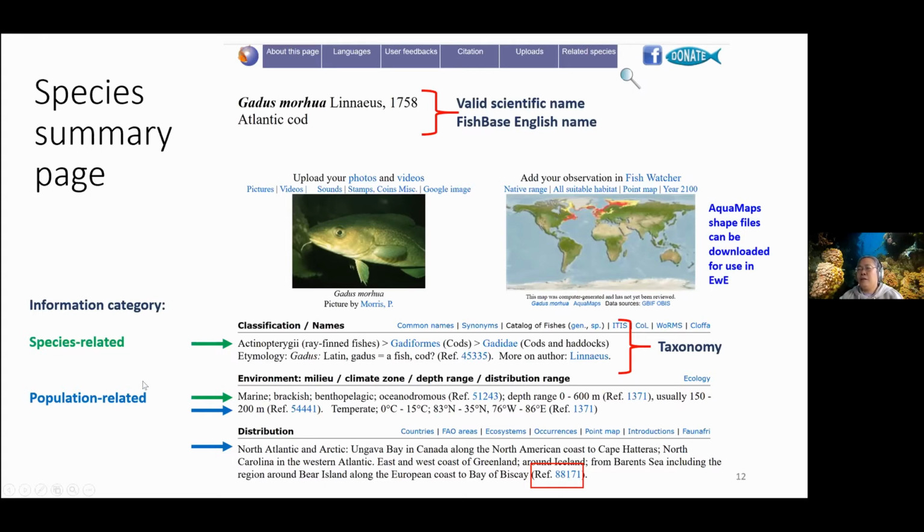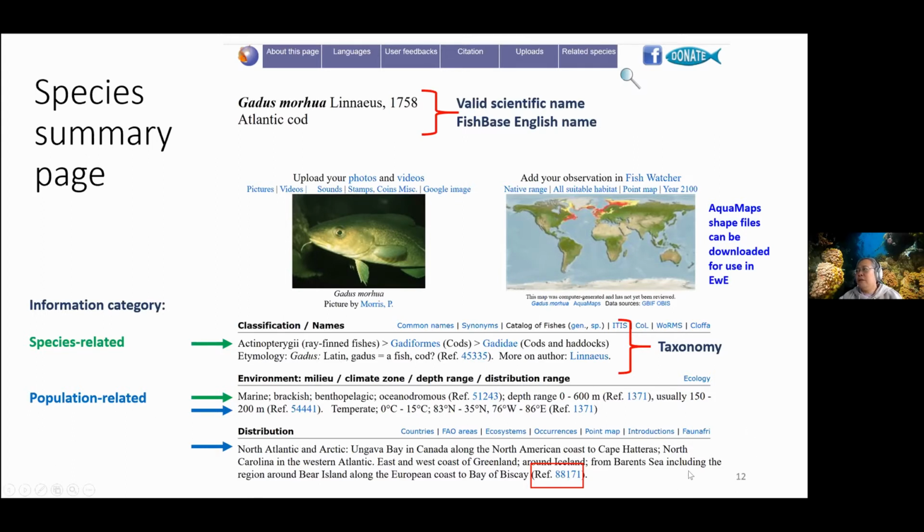The environment of the species is not a population trait, it is a species trait, but the depth is a population trait. So that's why it's in a range, right? So you have 0 to 600 meters. And then the distribution is also defining the populations of that species worldwide.